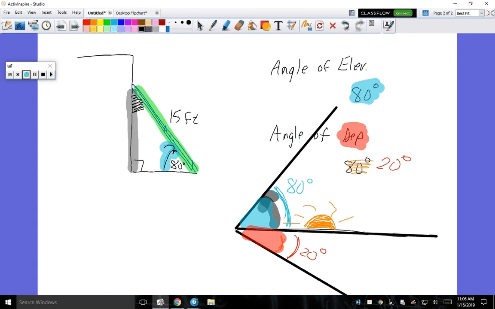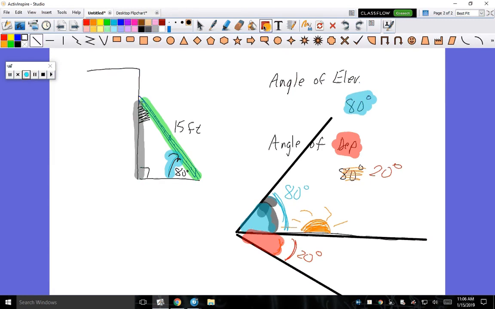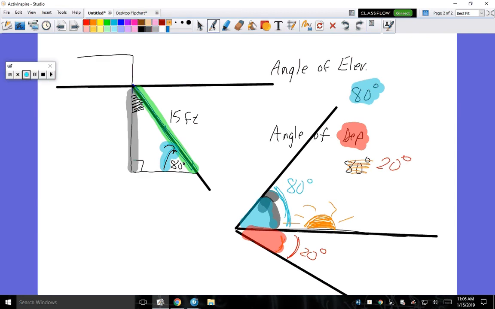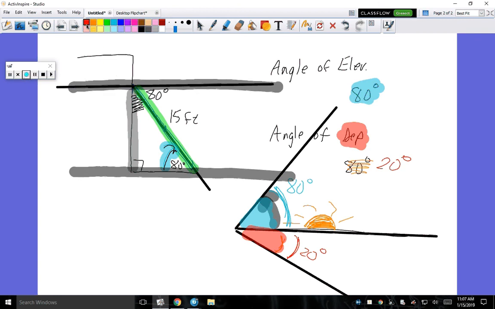An angle of depression is from a horizontal line. Just like that sunrise, if I were to come here and go down, so if it said the angle of depression was 80 degrees, that would go here. You learned this in geometry, where there are two parallel lines with a transversal, that the opposite interior angles are equal.